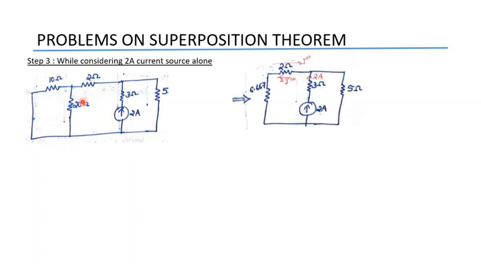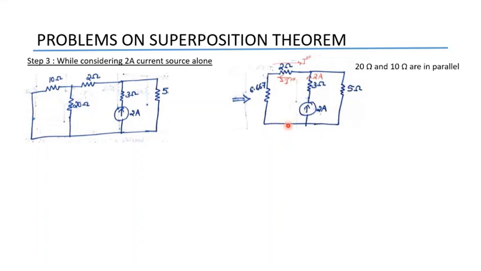Here again this 10 ohm and 20 ohm are in parallel. So we can replace this 10 and 20 with an effective resistance of 6.667 ohms. Now using current division rule, we can find out current through this 2 ohm resistor.